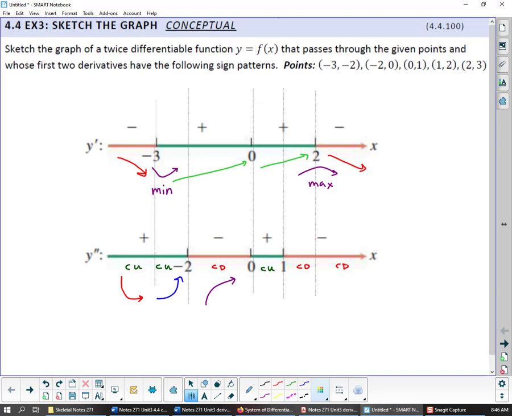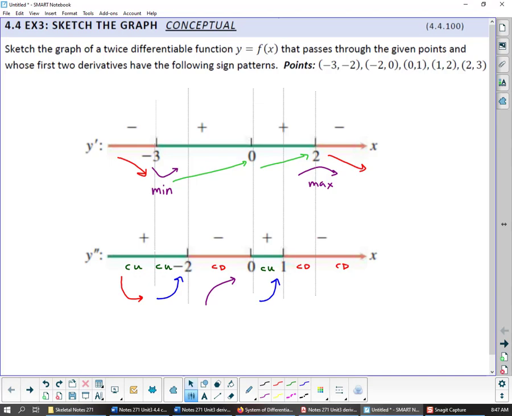Now what's happening in our region here, right here, where my x values are greater than 0, but less than 1. So between 0 and 1, we have concave up, and we have concave up increasing. So concave up increasing looks like this.